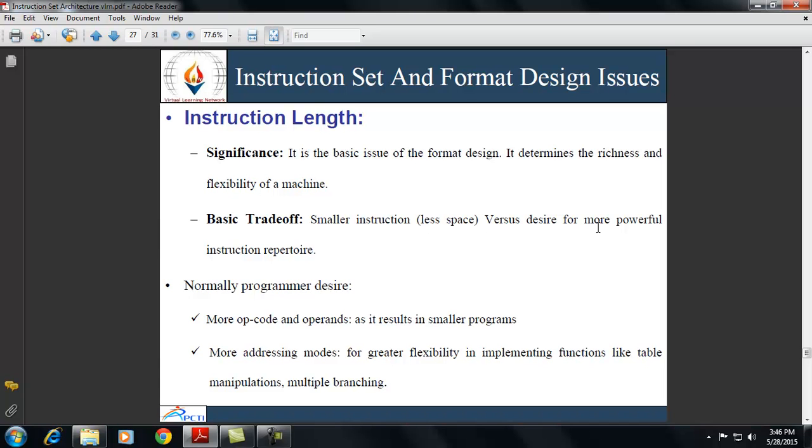That is, if the addressed memory is virtual memory, then the memory range which is to be addressed by the instruction is larger than the physical memory size. Then next is memory transfer length, that is, instruction length should primarily be equal to the data bus length or a multiple of it. And next one is memory transfer, the data transfer rate from the memory ideally should be equal to the processor speed.